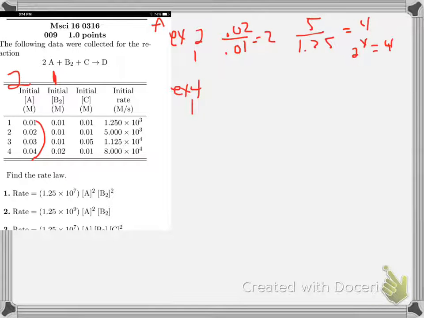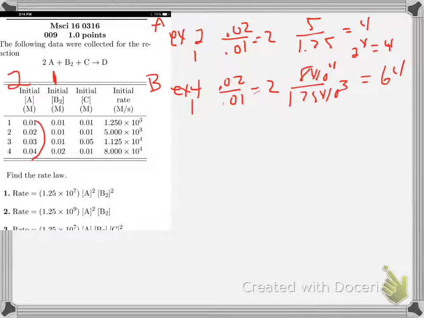In experiment 4, my B goes from 0.01 to 0.02, and that's a 2. If I look at what's happening to the rate, it's 8 times 10 to the 4th over 1.25 times 10 to the 3rd, and that is equal to 64.